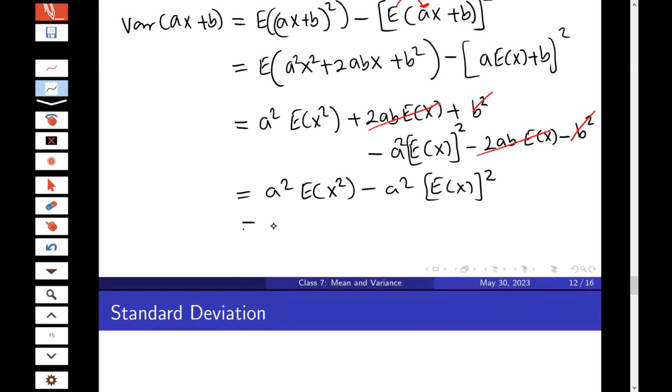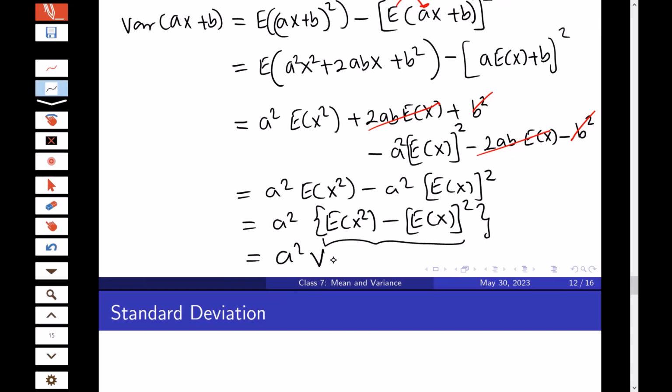So this means I can take a squared out. Then E of x squared minus (E of x) everything squared, this whole part I can write as variance of x. This bracket is the variance of x. So I have a squared times variance of x. That's the end of the proof.